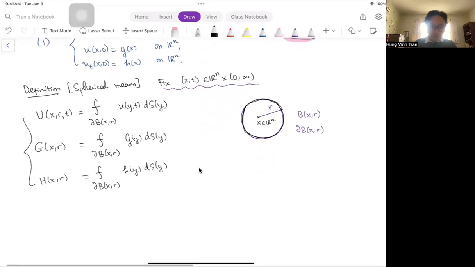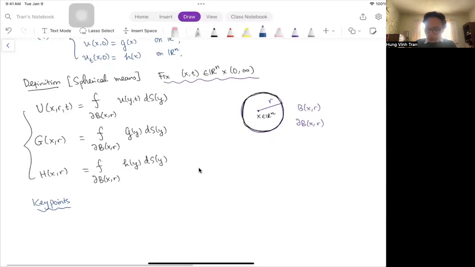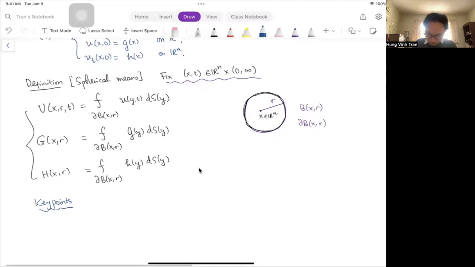Okay, so there are two key points here that I want to highlight on this definition of spherical means. The first key point is, of course, by the mean value theorem, we do have that the limit as the radius r goes to 0 of capital U(x,r,t) equals little u(x,t).